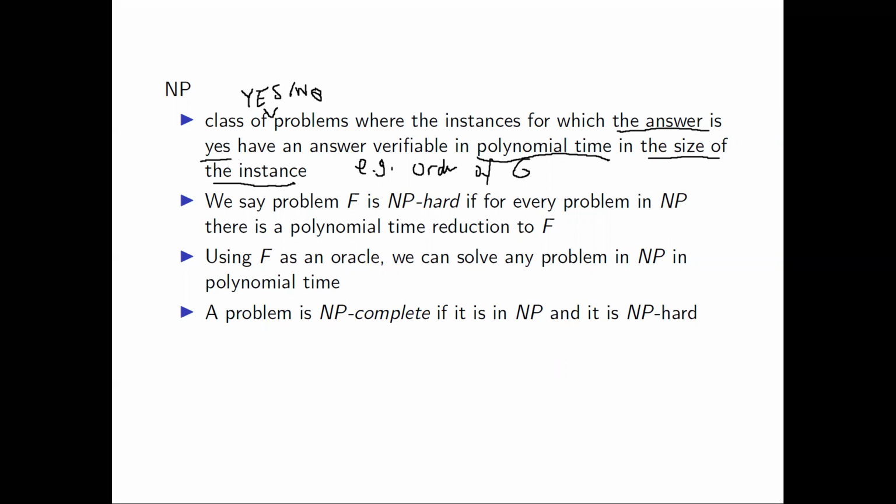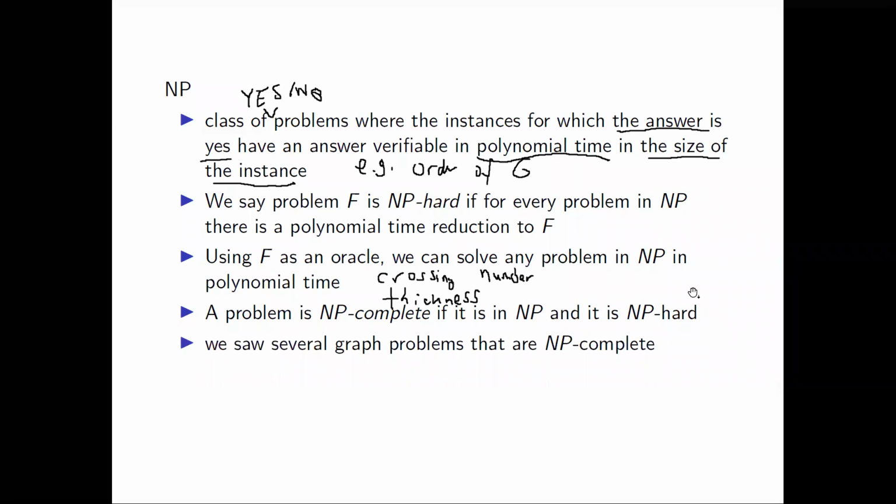Another problem we saw last week, related to the crossing number, is the thickness. Both the crossing number and the thickness can be applied to VLSI circuit design. So given some graph G and some integer K, is the thickness of G at most K? That's also an NP complete problem. So it's in NP and it's NP hard.